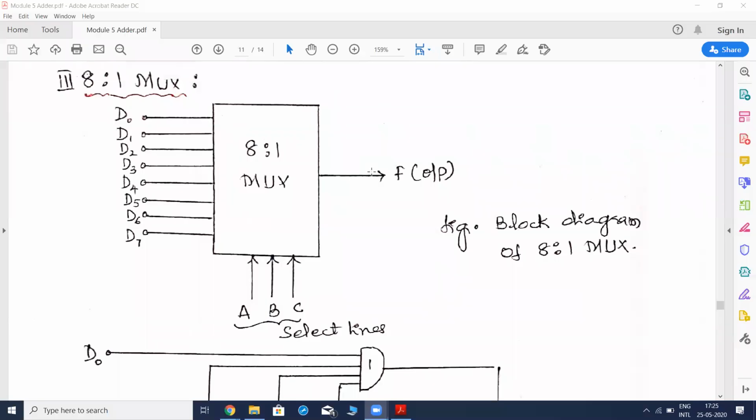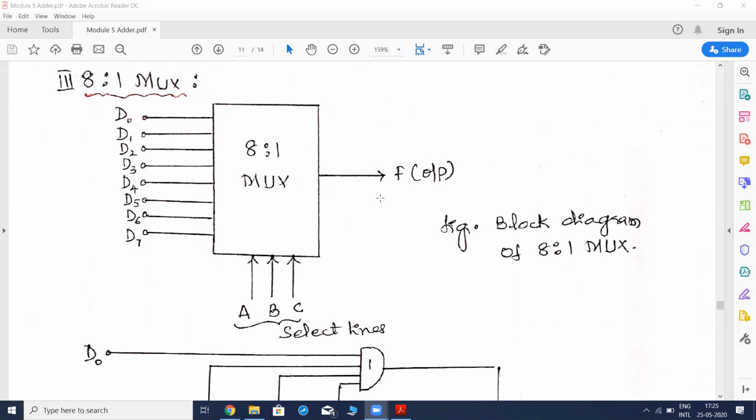Now let us move on to the next multiplexer. It is 8:1 mux. From the question itself, we could see that there are 8 inputs. In order to select one of the 8 inputs, how many select lines are required? Obviously, 3 select lines.